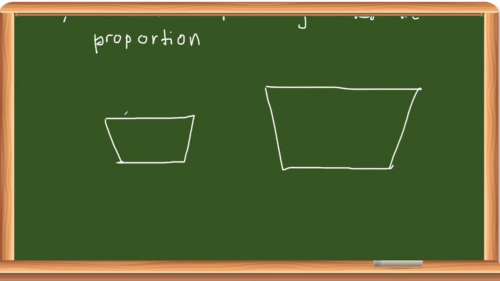Okay. So, if for example, this is a quadrilateral. Okay, so this is a four-sided polygon, A, B, C, D. This is E, F, G, H. Okay.